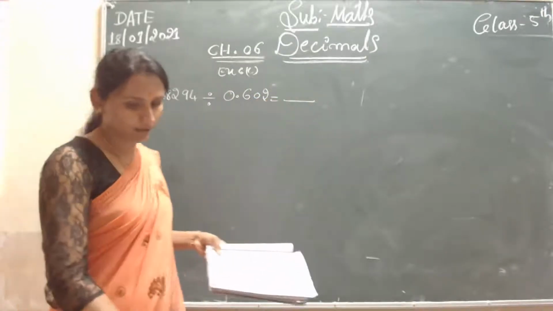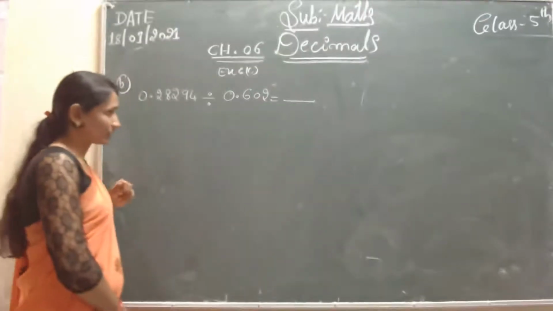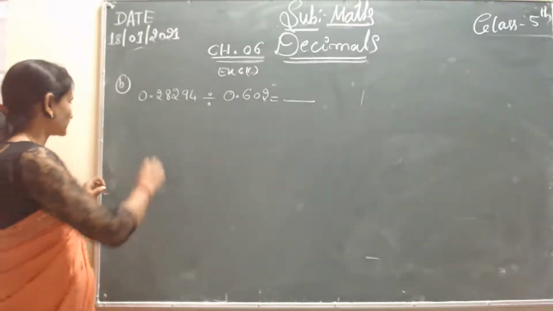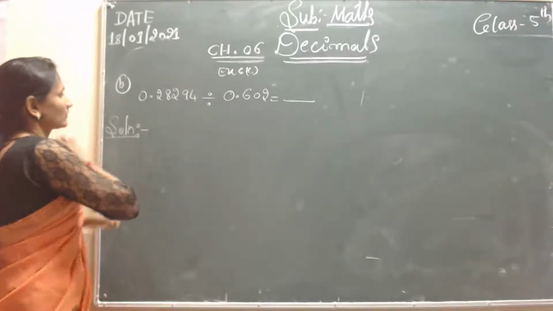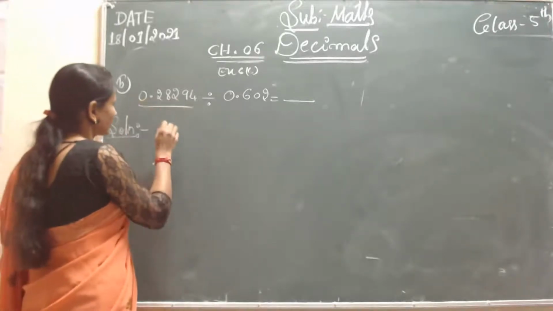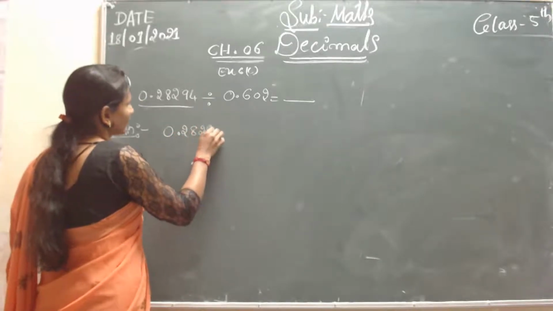Students, the first steps I have already told. What is the first step? You have to clean first. So write the solution. So first you have to write 0.02294.